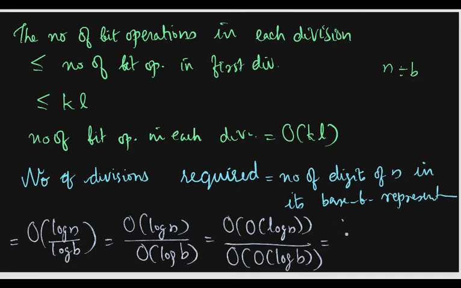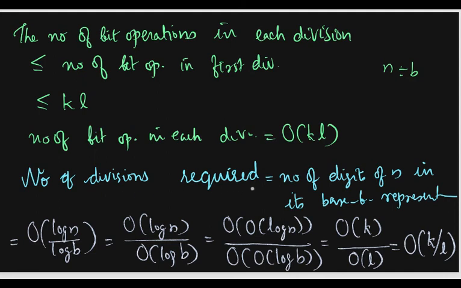And this is equal to big O of k, since k is big O of log n, and since big O of log b is equal to L, the denominator will be equal to big O of L. So we can express this as big O of k by L.